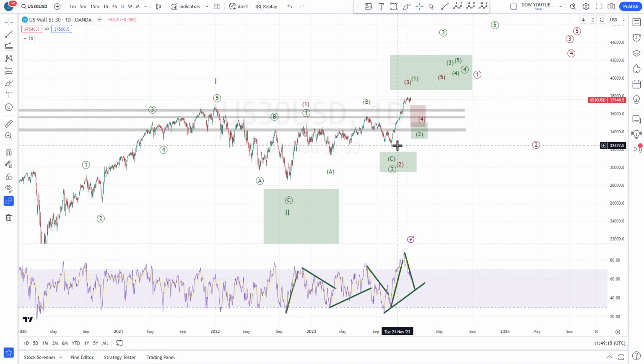We need more data. The only thing we know is that from here we started a new cycle, a new impulse, and this new impulse or new cycle will either be a wave 3 or a wave 1.